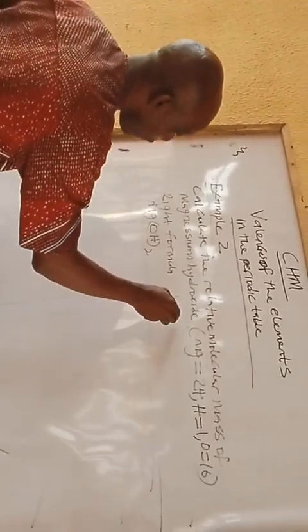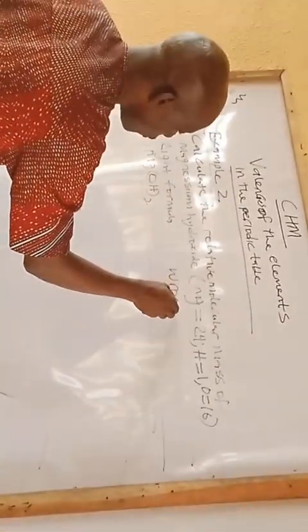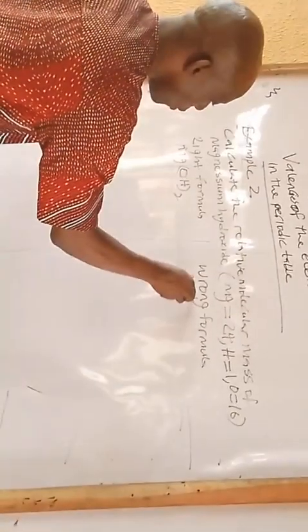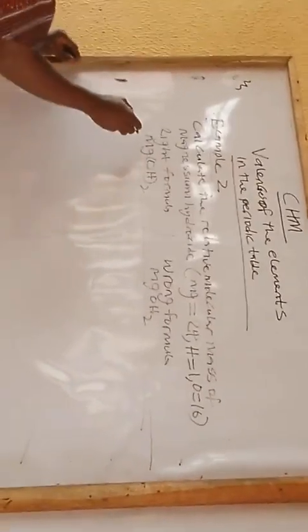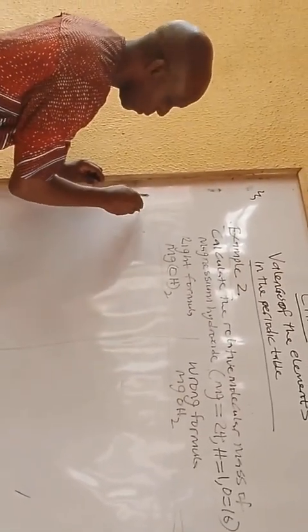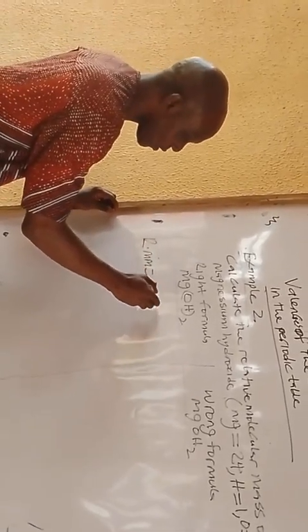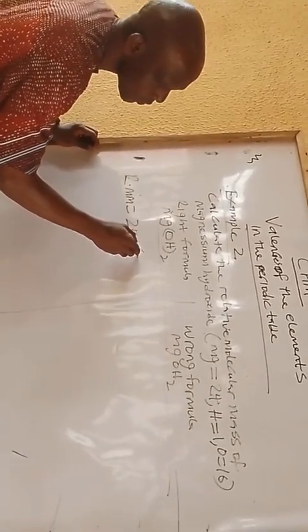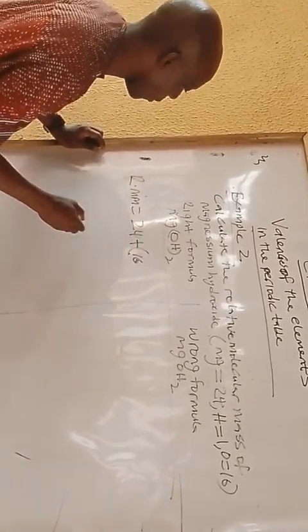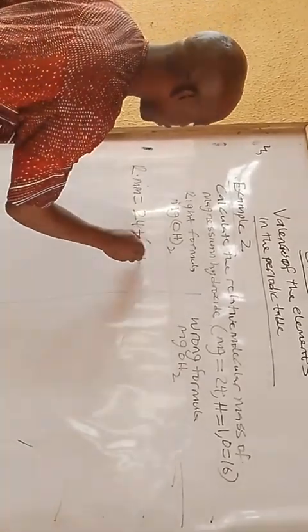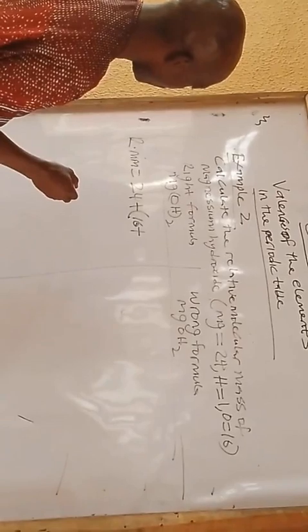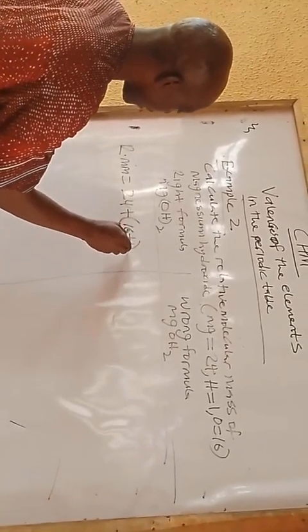Let's now look at the wrong formula, because some students could make such a mistake at any point in time. MgOH2. Let's say some students just leave it like this without putting brackets. Using the right formula: magnesium is 24, plus oxygen is 16, plus hydrogen is 1, then times 2.